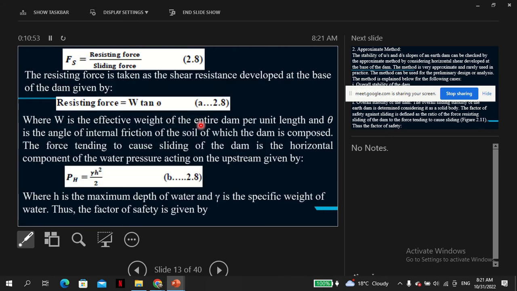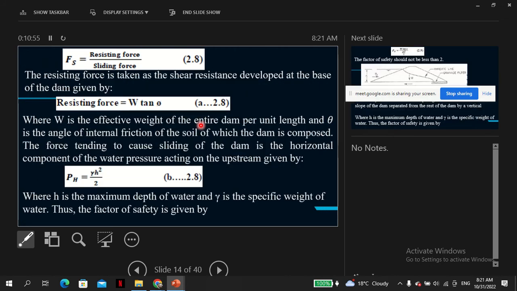So the resisting force over the sliding force. The resisting force is taken as the shear resistance developed by the base of the dam given by W tan phi. And here we are talking about the entire body of the dam, there are no slices.